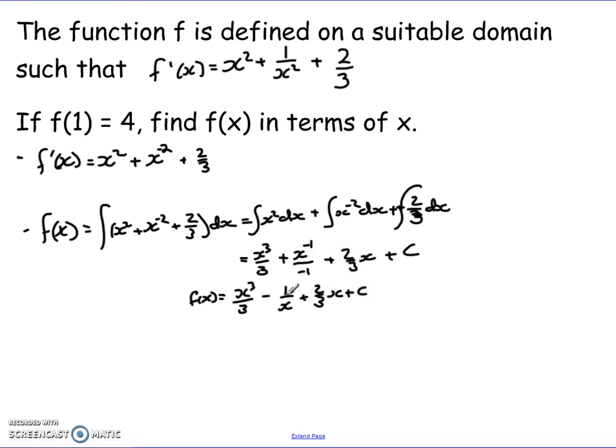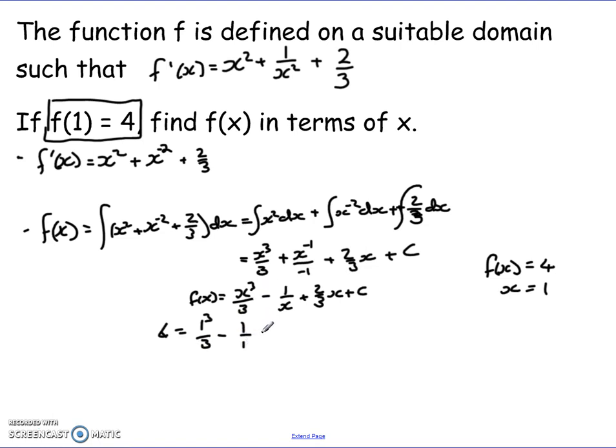Now, this is the point where we have to look and say, do we have initial conditions or a condition we can use to find c? Well, yes, we do. We're told f of 1 equals 4. So what that means is when f of x equals 4, we know that x is equal to 1. Substitute them in. We can safely say 4 equals 1 cubed over 3, take away 1 over 1, plus 2/3 times 1, plus c.